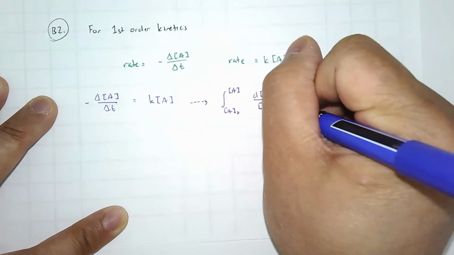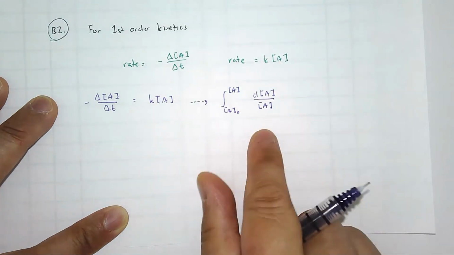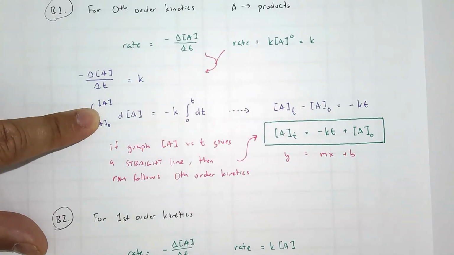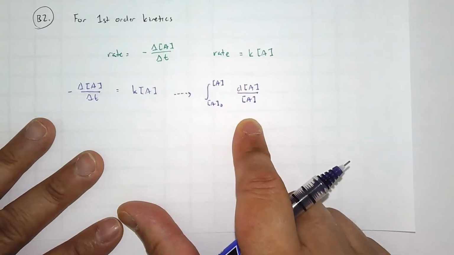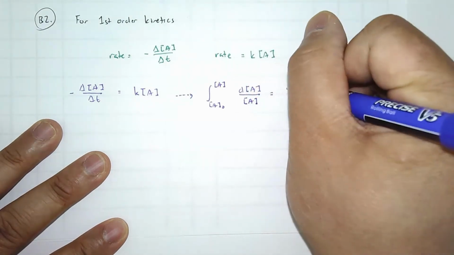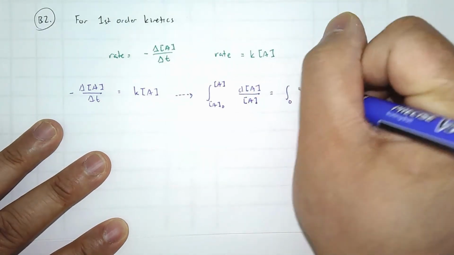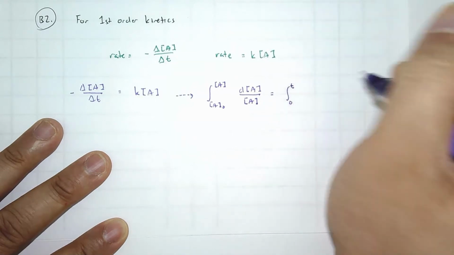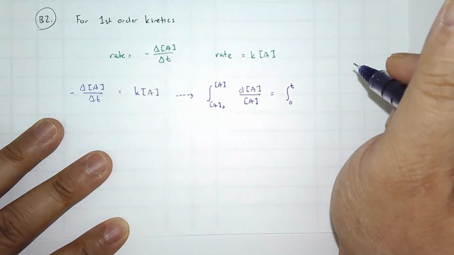Now we have an A on the denominator, which we didn't have before in the 0th order kinetics. Equals, we have t equals 0 to t equals t dt.